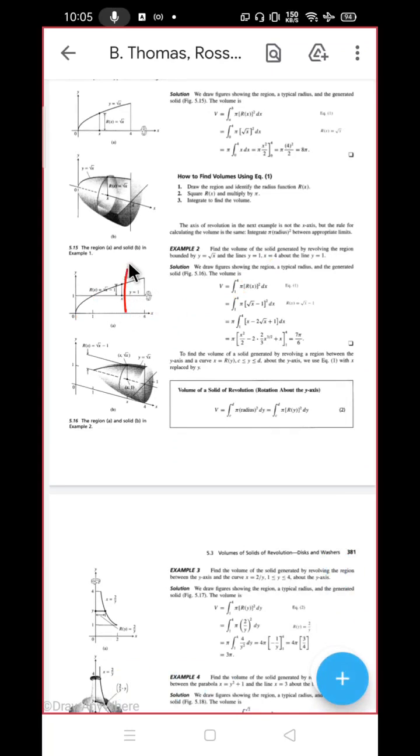If you insert a ray here, then you just have to subtract upper curve minus lower curve. What is your upper curve? That is root x. And what is your lower curve? Y equal to 1. So you have to subtract root x minus 1. That will be your function r(x). That is pi times (root x minus 1) the whole square dx. Is that clear, everyone? Now you just have to solve the integration. That's it.